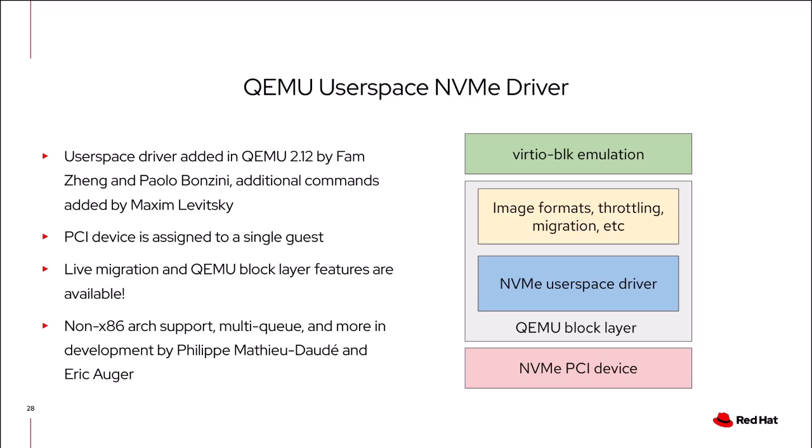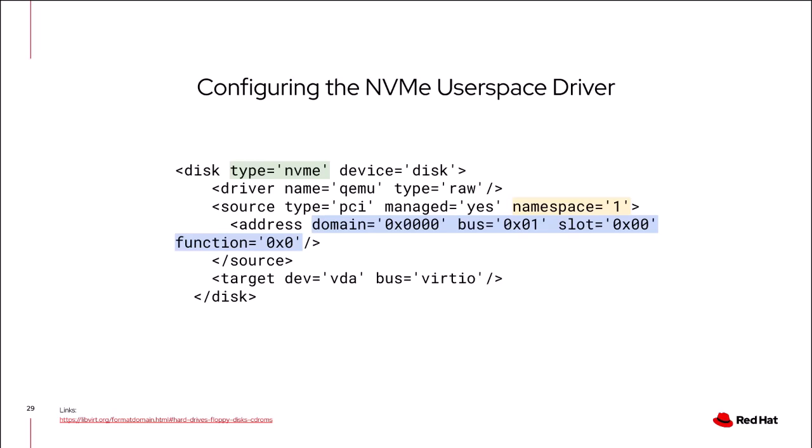Even image formats can work on top of the Userspace driver. So this solves some of the limitations of PCI device pass-through. And right now, some improvements are being made upstream, and activity has started up again around this driver. Non-x86 architecture support is being added, multi-queue is being added, and more. So this is the syntax for configuring it.